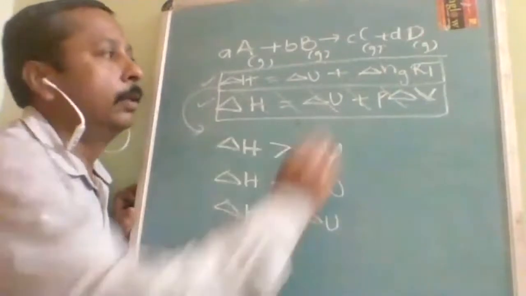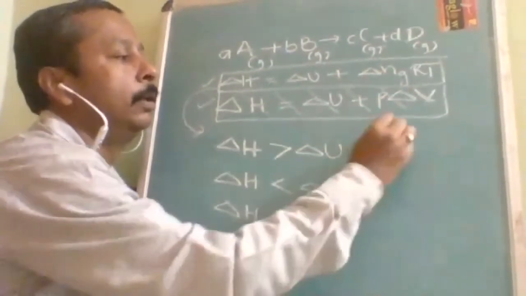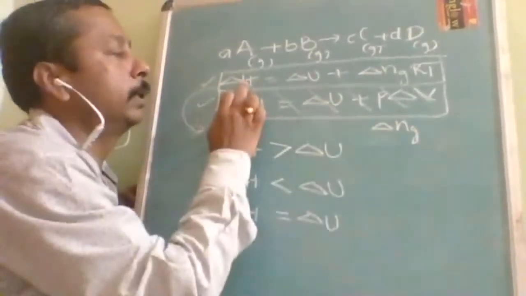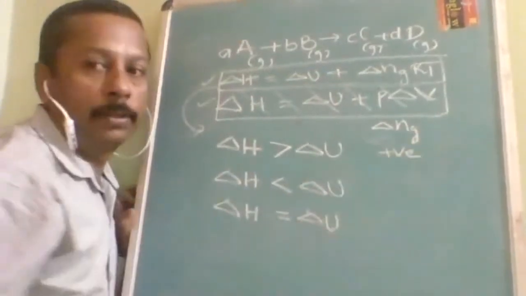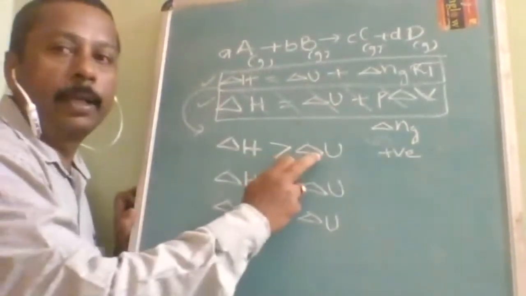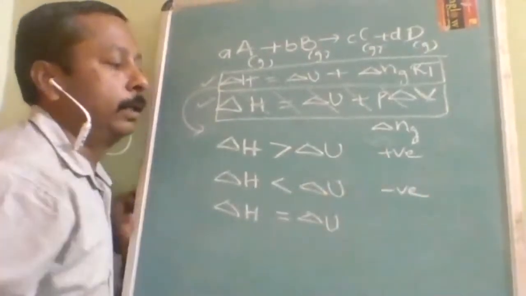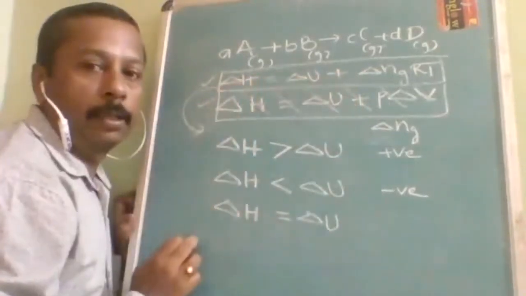So let us take delta ng is negative. Depending on delta ng only, to make this greater, this has to be positive. So when delta ng is positive, delta H will be greater than delta U. When delta ng is negative, after subtracting from this, you will get delta H. Understood?